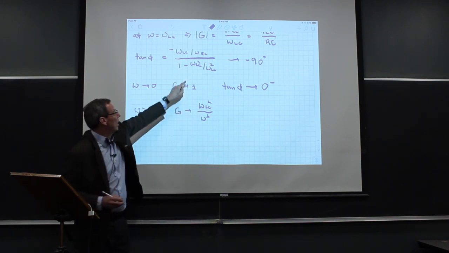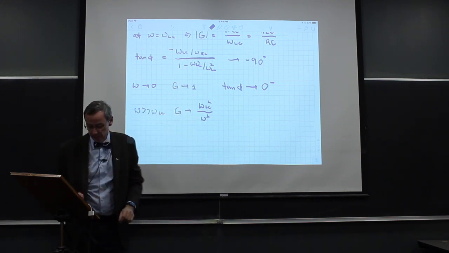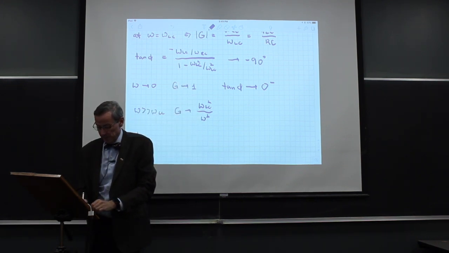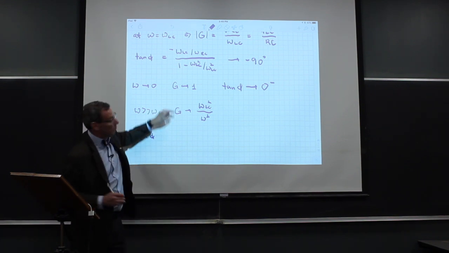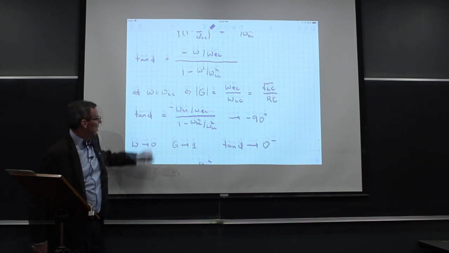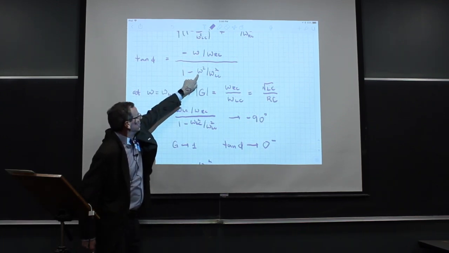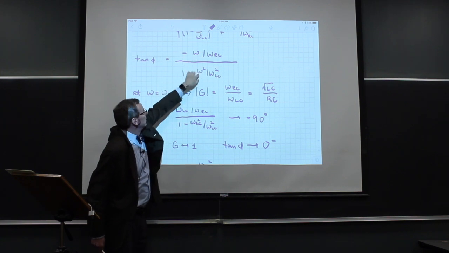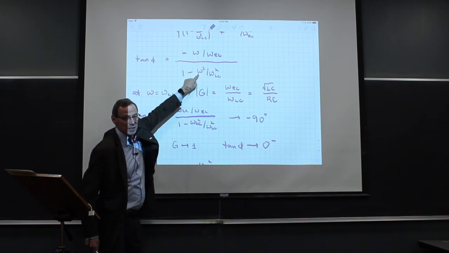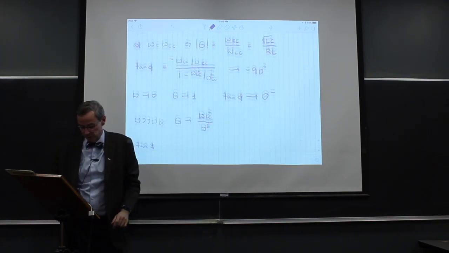So it's going to fall off like 1 over omega squared, and the phase is dominated by the 1 over omega squared here, so it's going to 0, which means the phase will go to 180 degrees.